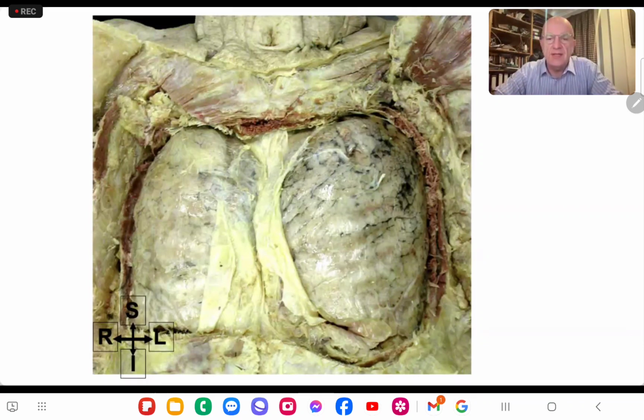Which means if you're going to see the heart with ultrasound, you can't shine it through the lungs. You have to shine around the lungs, which means looking here, or here, or here, or here, where there are small points where there's no lung between the probe and the heart.